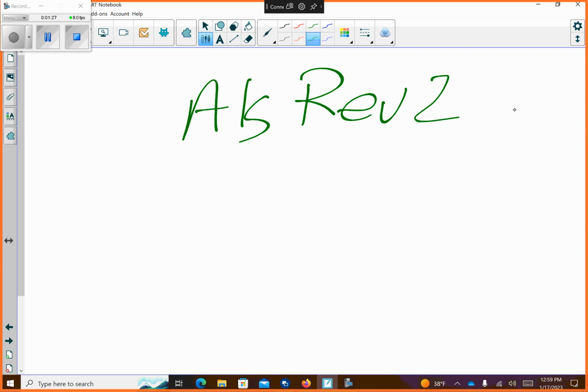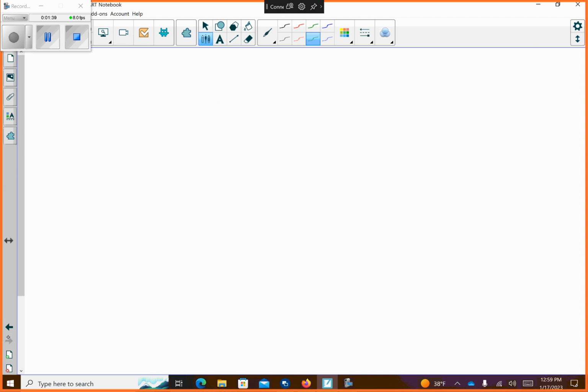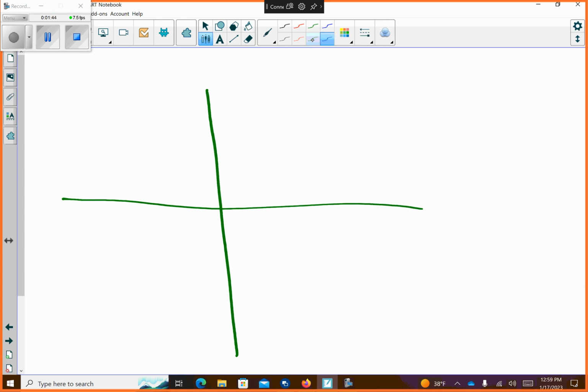So I'm going to do some notes on two different things that we're looking at. They both could use Desmos very easily, but let's do something simplistic. Let's say we had a graph that looks something like this.